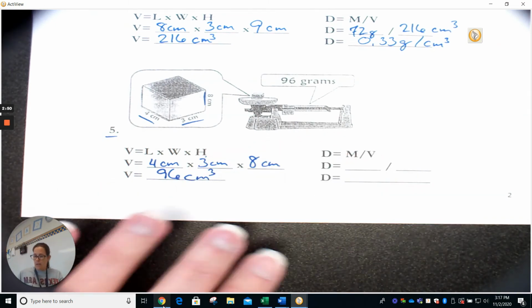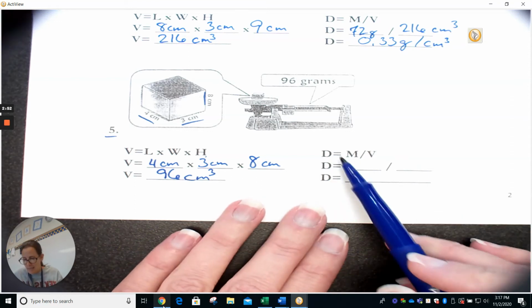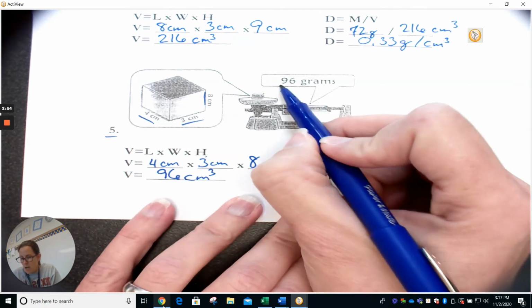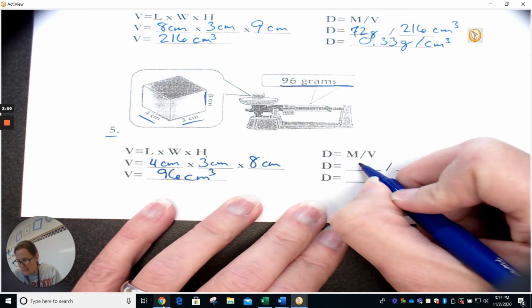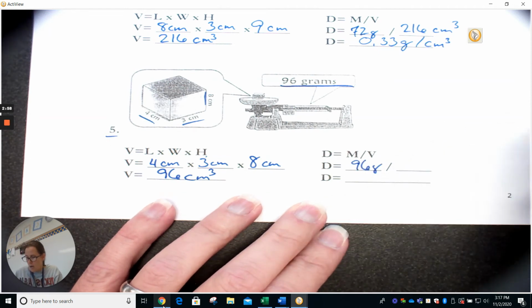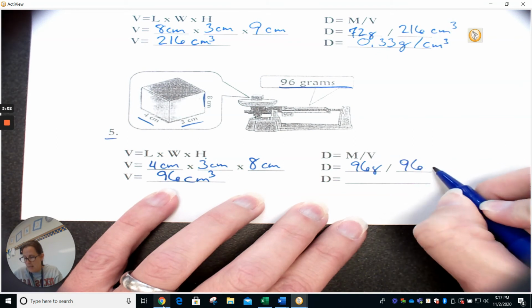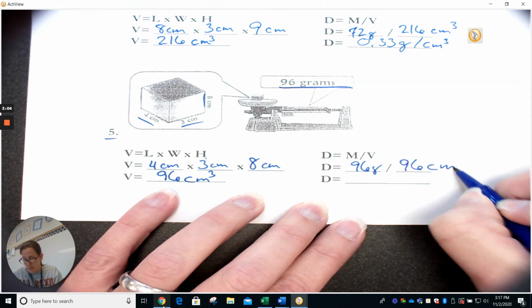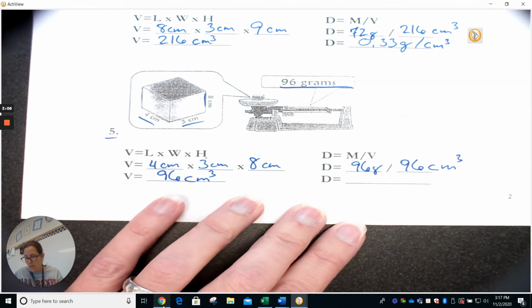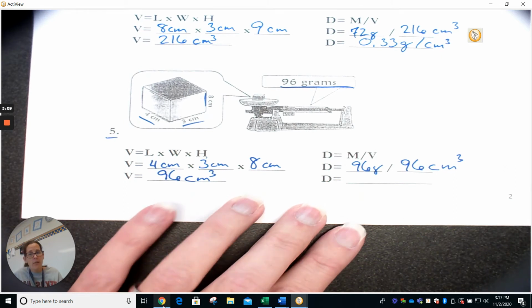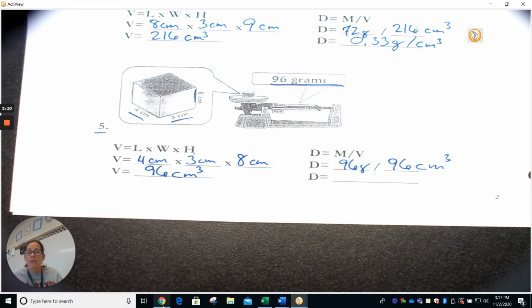Okay. To figure out the density, we need density equals mass divided by volume. Our mass is 96 grams. Our volume, oh, look at that. It's also 96 centimeters cubed. Okay. When we do that math, hopefully you guys can just know this. 96 divided by 96 is 1.